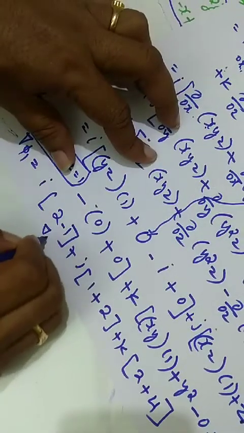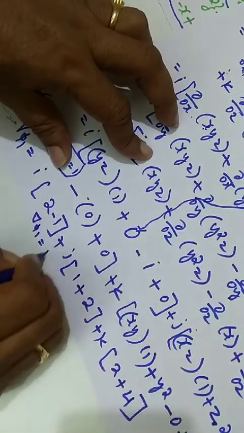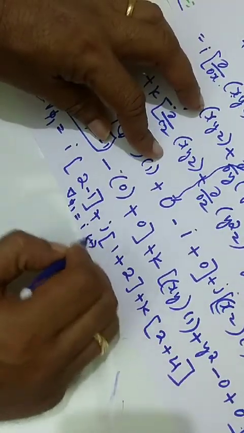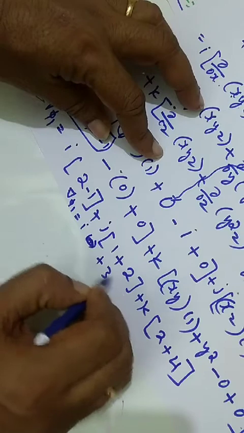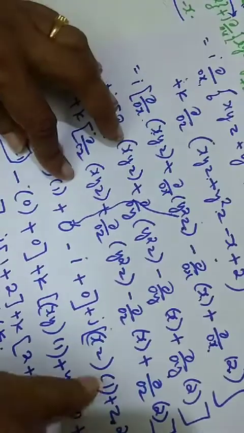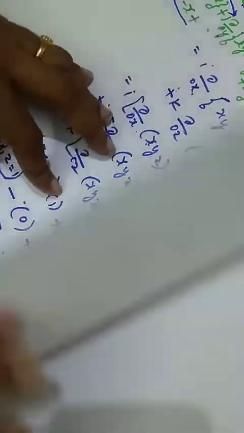So del phi 1 is equal to i into 2 minus 1, 1. So i plus 3j plus 6k. Now let us go for computing del phi 2.